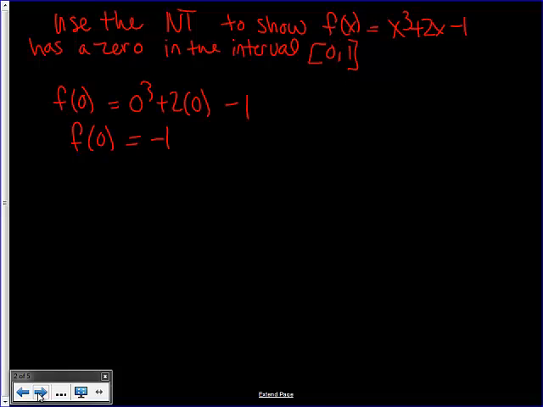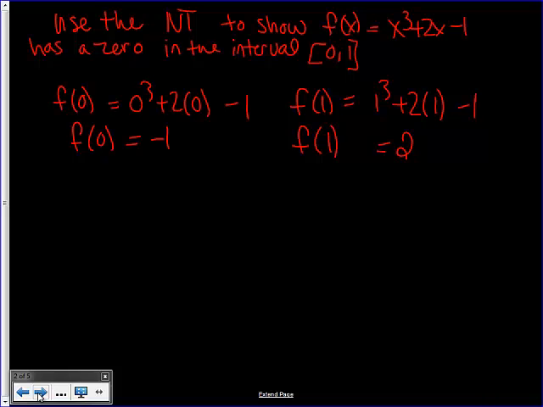Now we're going to plug in my other endpoint, 1. So f of 1 equals 1 cubed plus 2 times 1 minus 1. Well, 1 cubed is just 1, plus 2 is 3, minus 1 is 2. So I can now say that f of 1 equals 2.